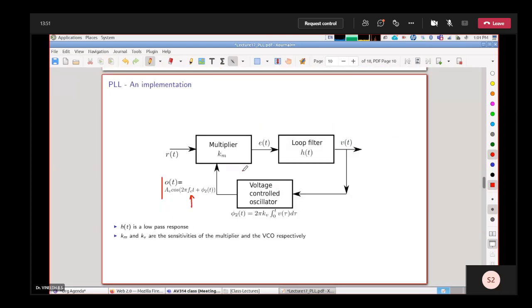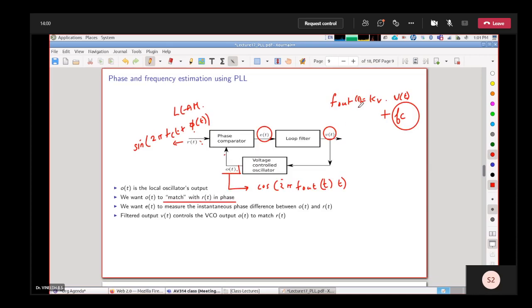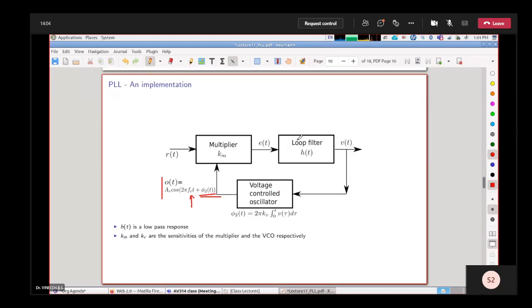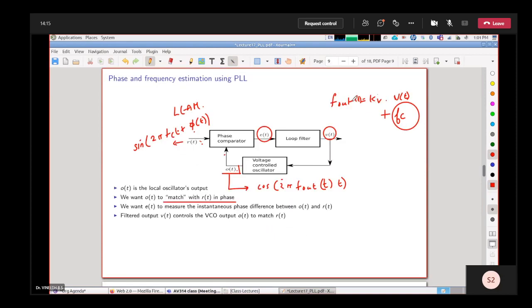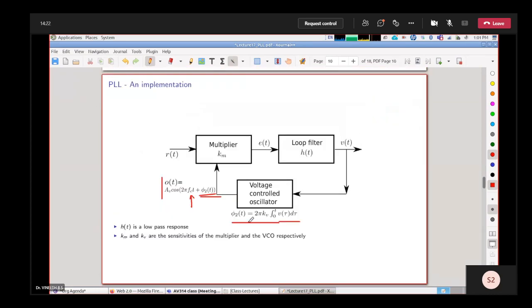I'm writing phi 2 of t as a separate phase term, or whatever the phase that is caused due to f out of t. This phi 2 of t is dependent on the input. This comes from this relationship: if frequency is dependent directly on V of t, then phase will be the integral of that. So that is what we have here.